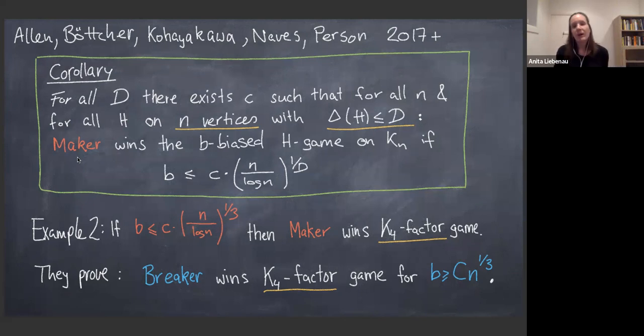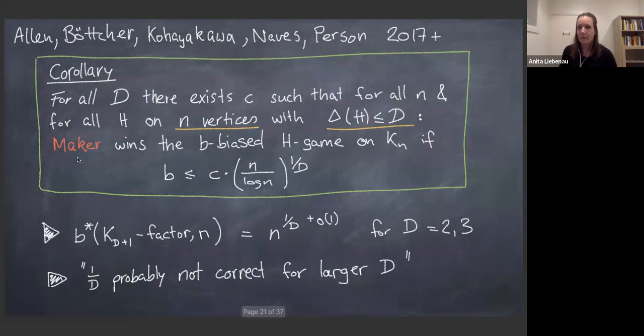Now, why would you care about the K4 factor game? Well, one thing is it's a natural extension of the perfect matching game. If you think about the perfect matching, that's just a K2 factor. And now here you just increase the sizes of these little cliques and you want a vertex disjoint union of these cliques. But K4 is where that story ends.